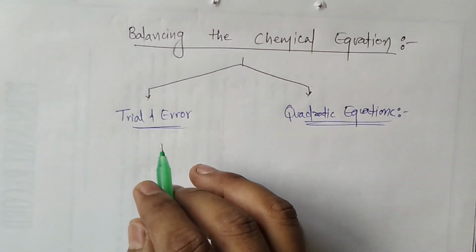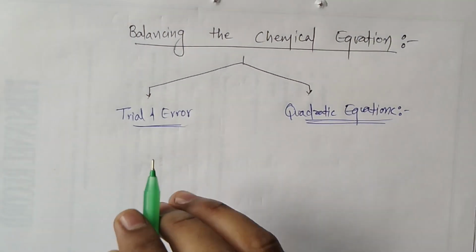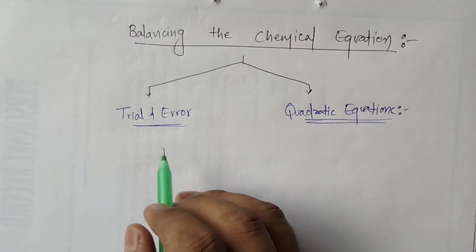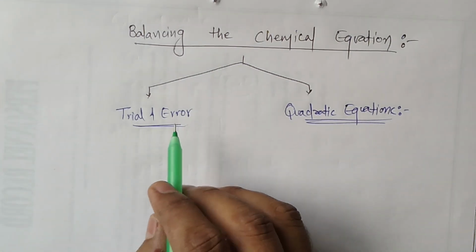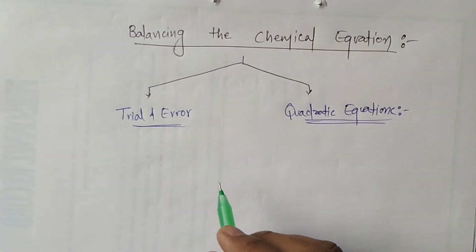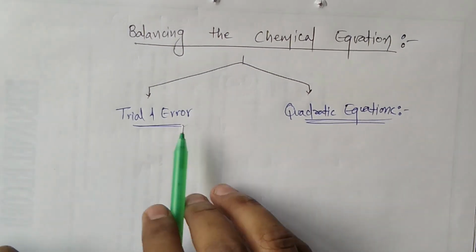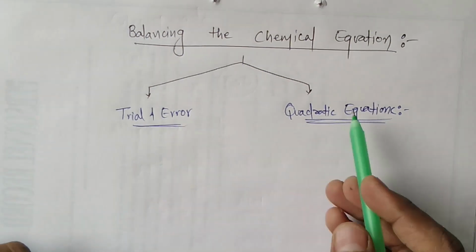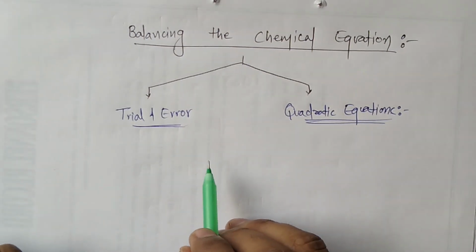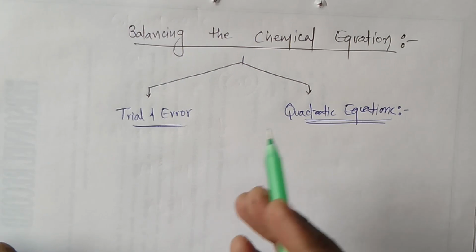Many times you are able to solve the equation for balancing by the trial and error method, but sometimes this method does not work when the equation is a little bit complex. So today I will teach you both methods of balancing an equation, as well as some short tricks.